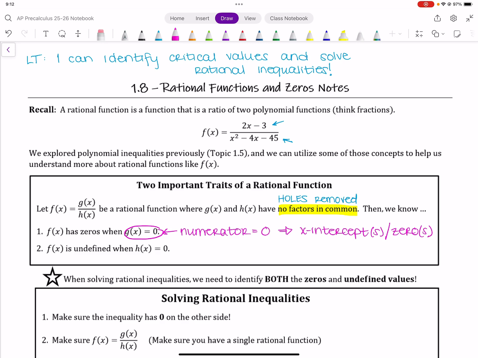And then when our denominator equals 0, or h of x, that is when our rational function is undefined and where we will end up having a vertical asymptote.